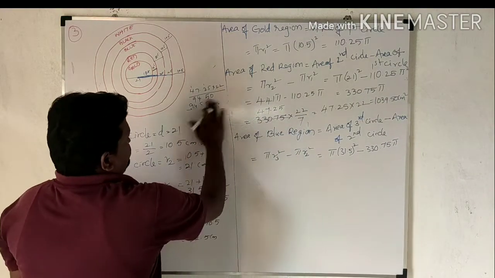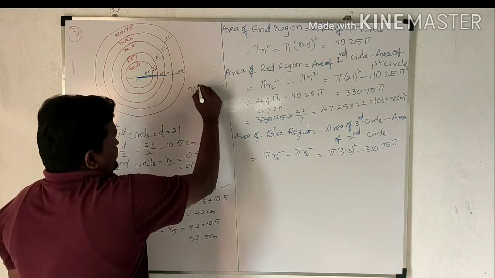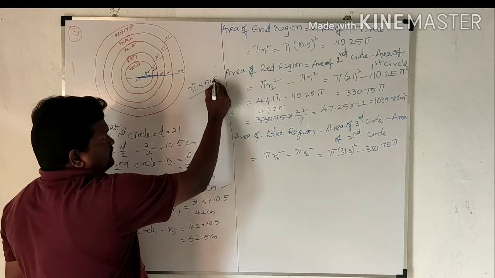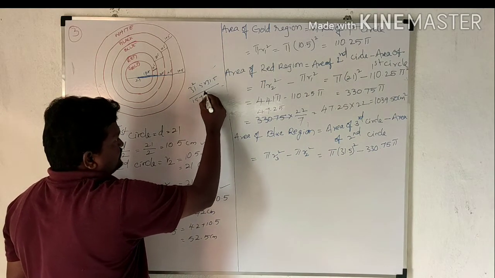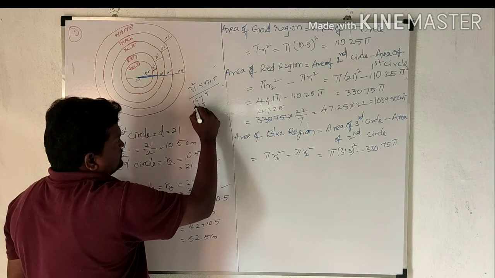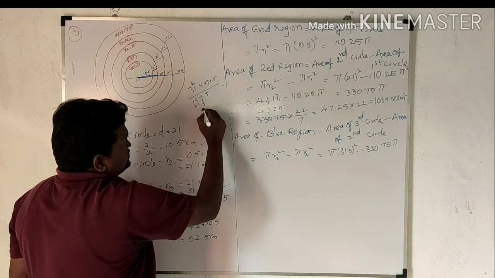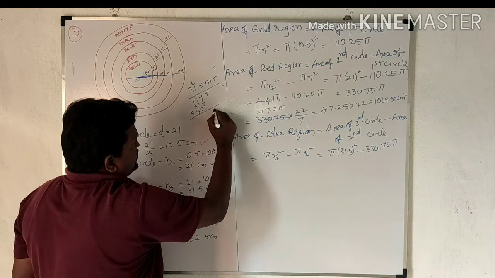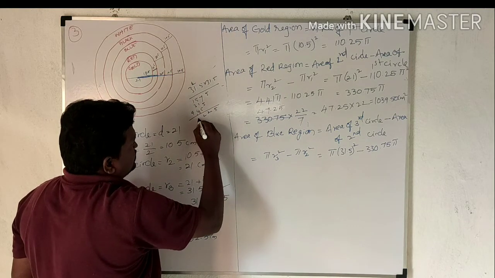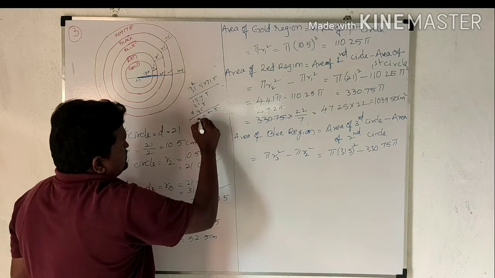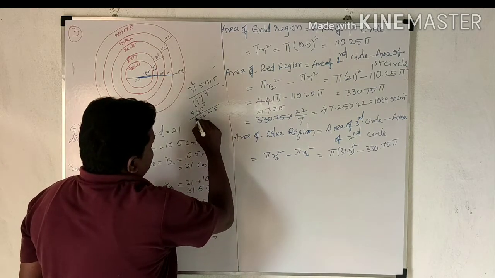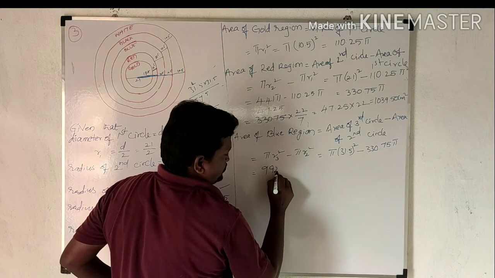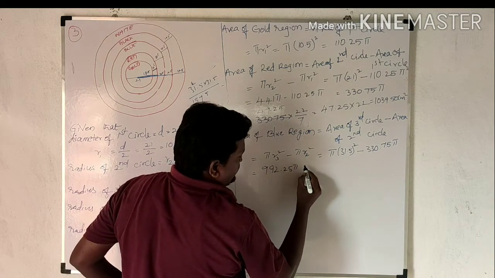Okay, now 31.5 squared: 5 fives are 25, 5 ones are 5, plus 2 is 7, 5 threes are 15, and so on. This is equal to 992.25 pi.